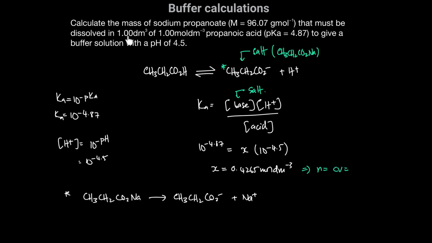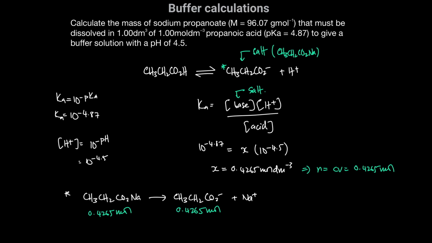The volume of the solution is just 1 decimeter cube. So the number of moles is just the concentration, which is 0.4265 moles. So we have 0.4265 moles of this propanoate ion in solution, which means that we use 0.4265 moles of this salt, right? Because for every mole of salt, you get 1 mole of the conjugate base.